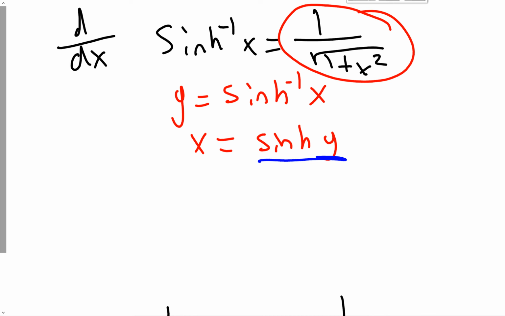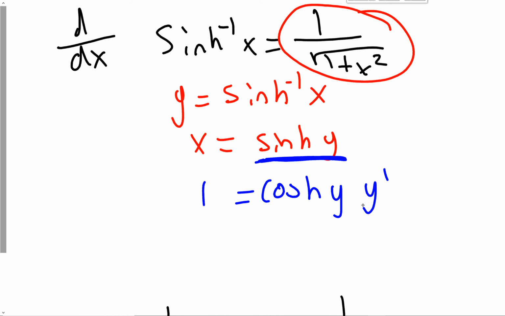But because I'm taking the derivative of this with a y in terms of x, that means I'm going to have to do chain rule, right? So I take the derivative of hyperbolic sine, which is hyperbolic cosine, leave y the same, and then take the derivative of the inside, y prime. And this is just going to be 1.